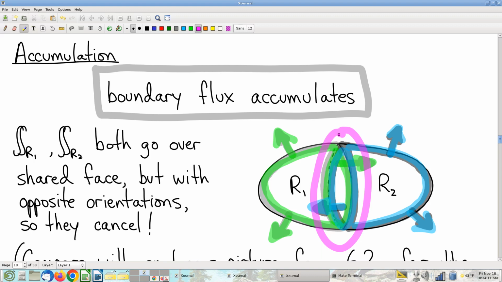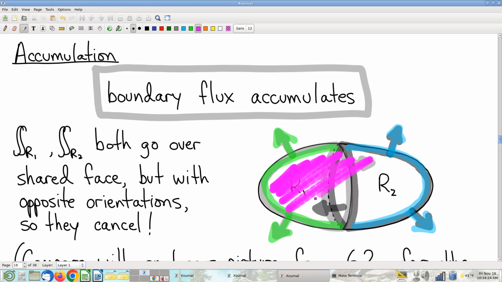But yeah, sure. But look, check it out. It's the same surface, opposite orientations. They cancel. When you add up, they go away. And you are literally left with only exactly the boundary of the whole. Boundary flux for the whole. Does that make sense to everybody?